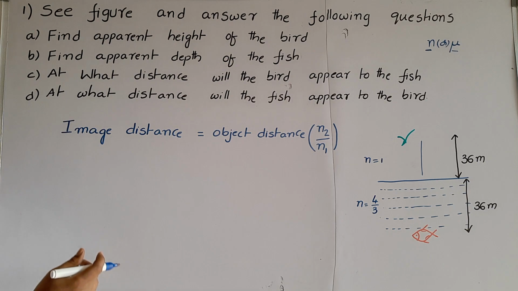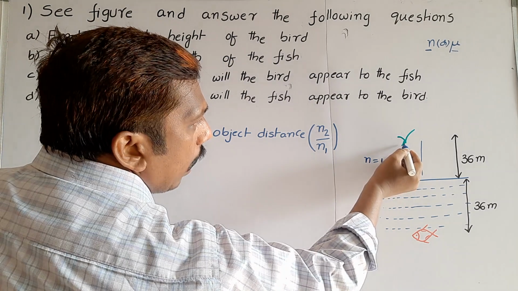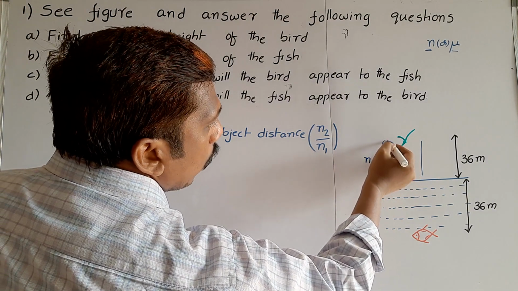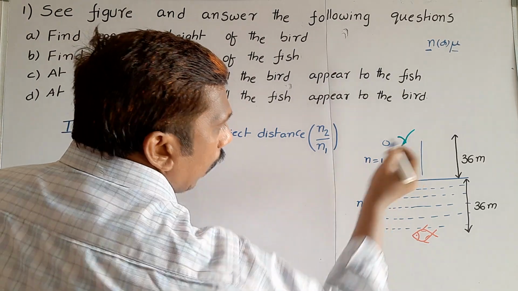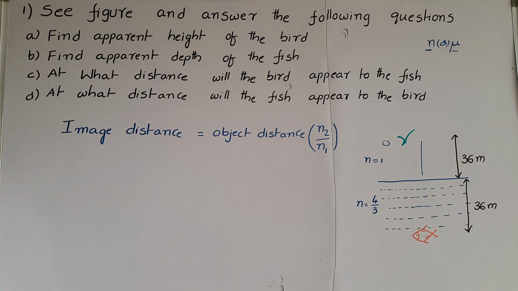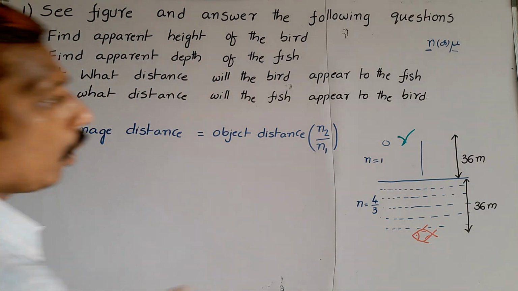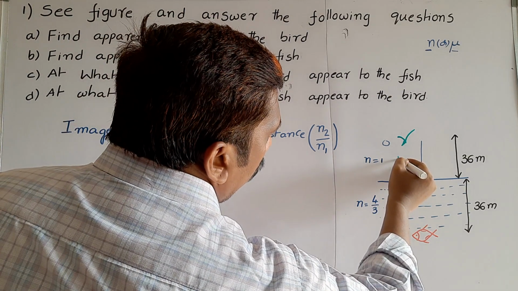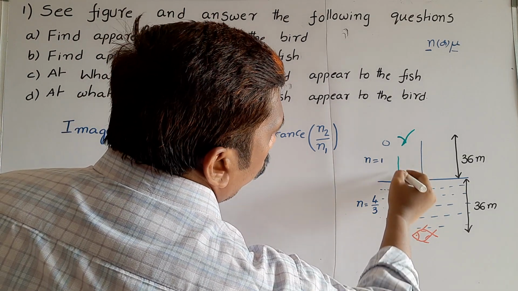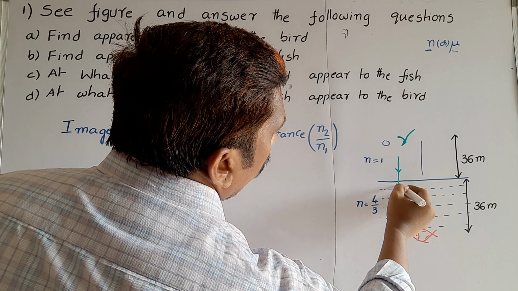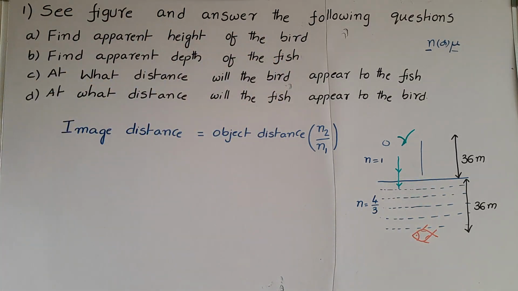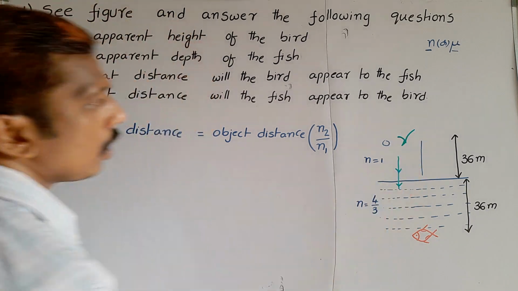The bird is the object, so the light ray travels from the object to the water. Then only anyone inside the water sees the bird.